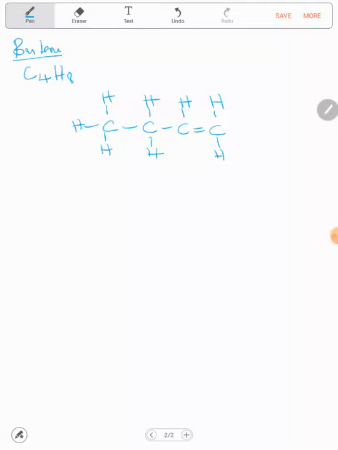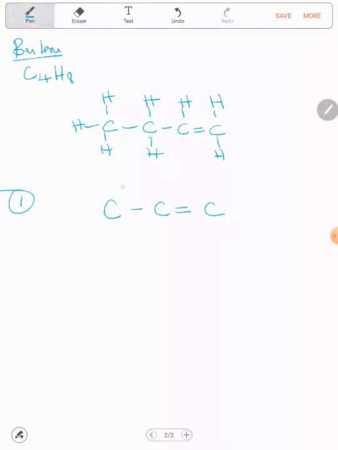If I have to draw another isomer, another molecule with the same formula but different arrangement of atoms, I can draw one of them easily. One of them is this, then a double bond there. You see?